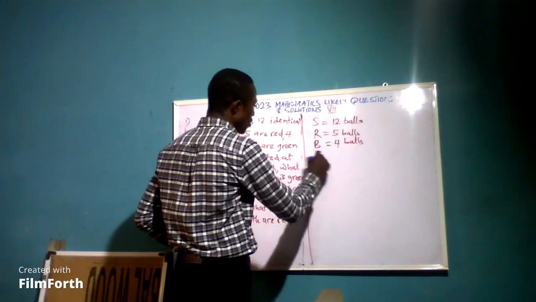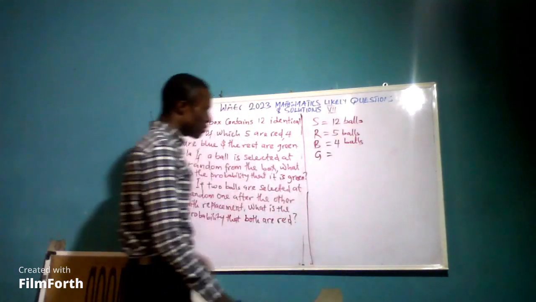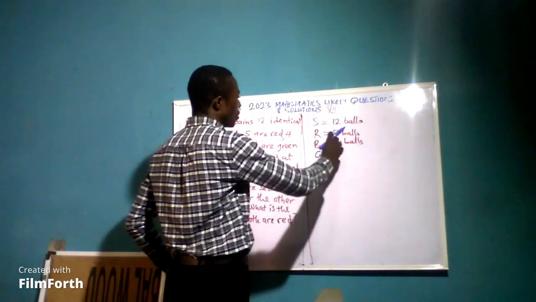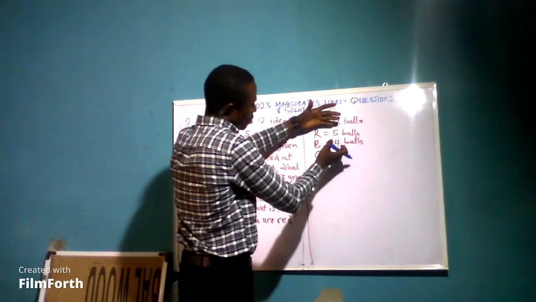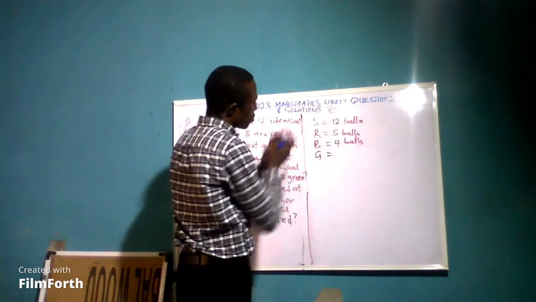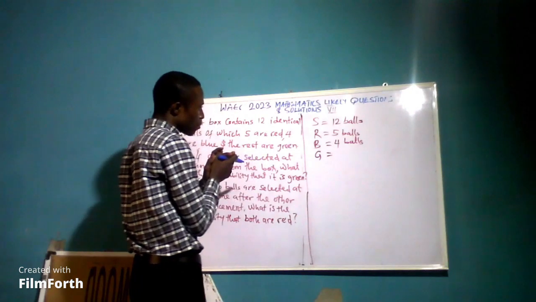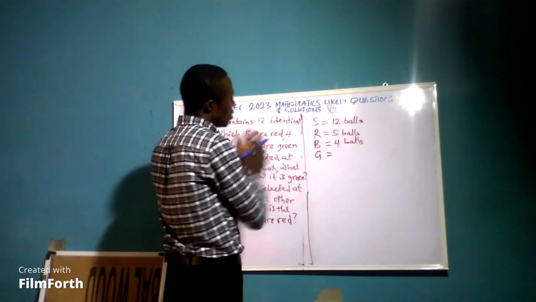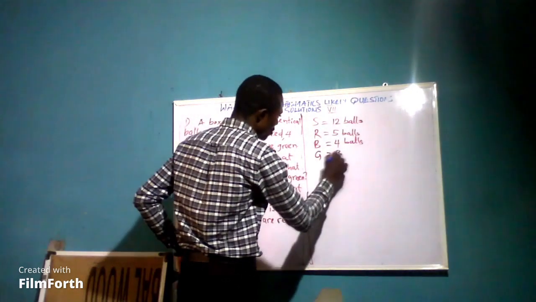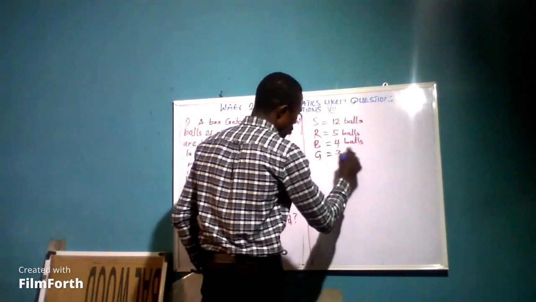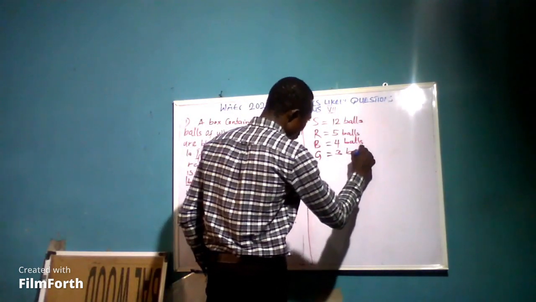So the number of green balls will be the number of balls left over, and that will be 12 minus (5 plus 4). 5 plus 4 is 9. 12 minus 9 will give you 3. So we have 3 green balls in the same box.